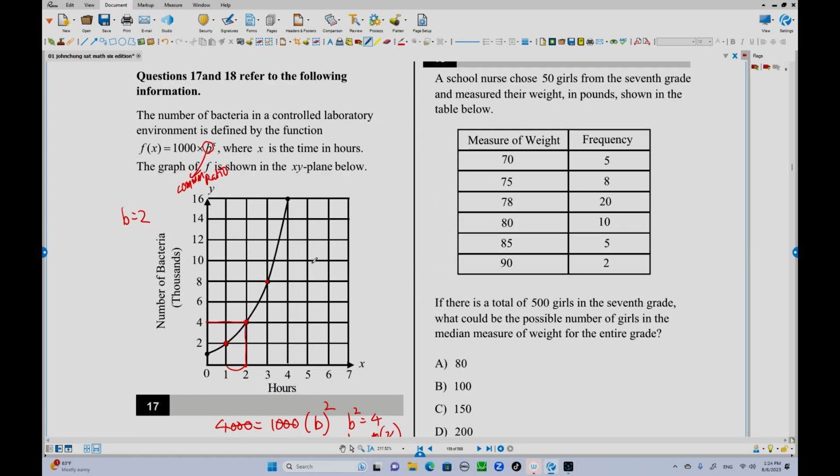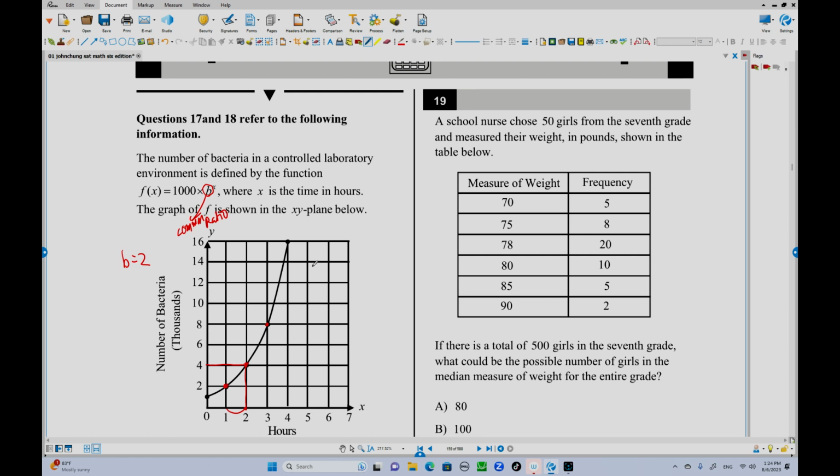Move on to number 19. The school nurse chose 50 girls. This is the sample size.